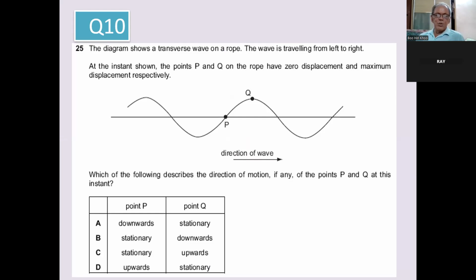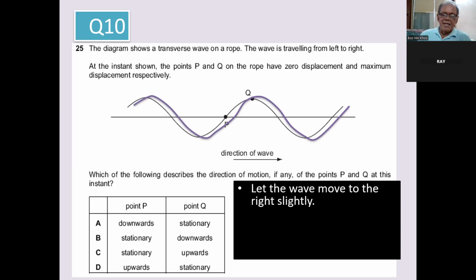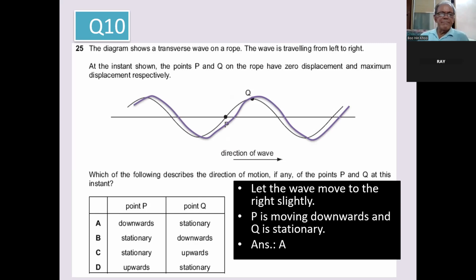So Q, the gradient there is horizontal. So it is stationary. So what's the answer? Right? Let it be displaced slightly. P is moving downwards. Q is stationary. Right? A.